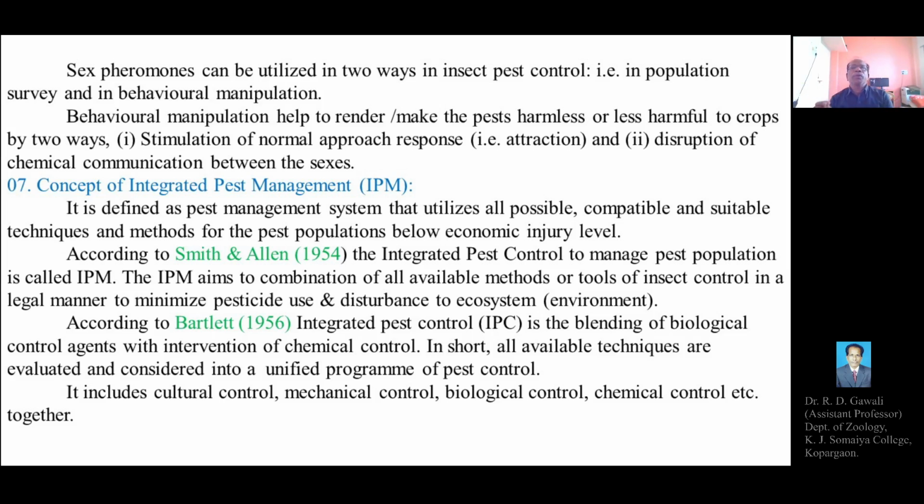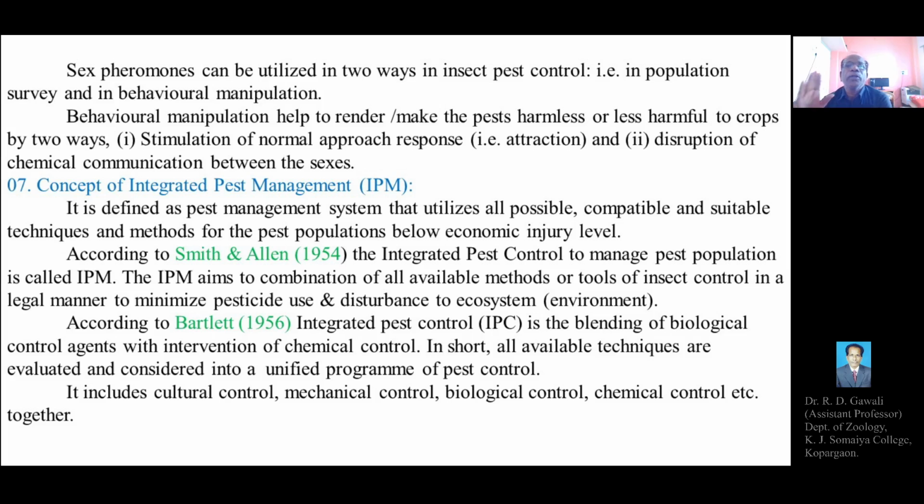So with the help of sex pheromones, we can use them in pest control practices for determining or finding out the population, that is the total number of the pest, that is the survey of the population, and also in behavioral manipulation, that is a change in behavior. So I have to change the behavior of the pest.